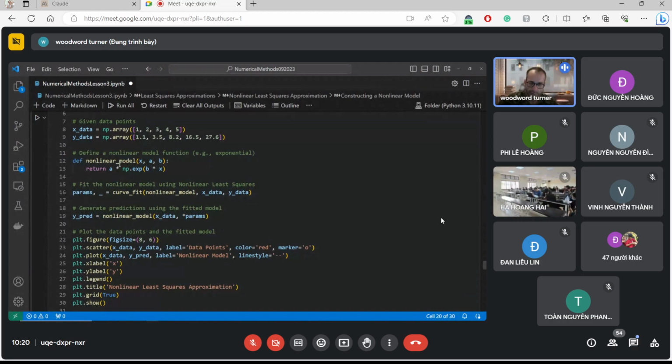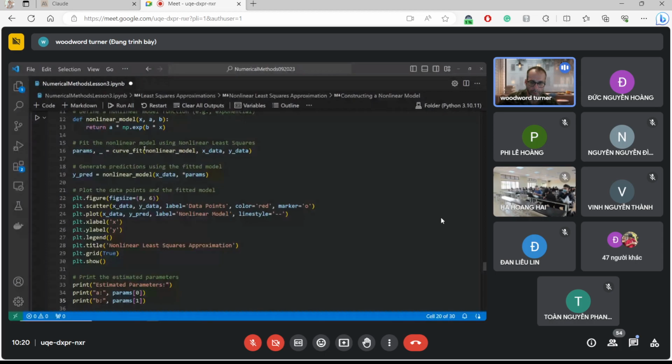Then we want to generate our predictions for the fitted model. That takes our nonlinear model, the x data, and the parameters from our curve fitter, and that's how we're trying to approximate the xy pairs.